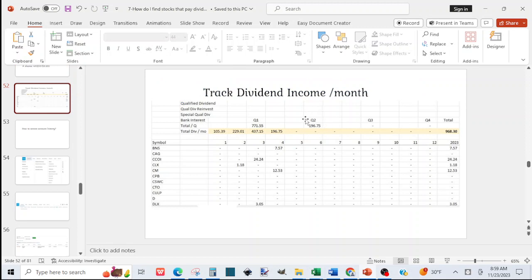So track your dividend income by month. There are 2 reasons for that. So why should you be tracking your dividend income?